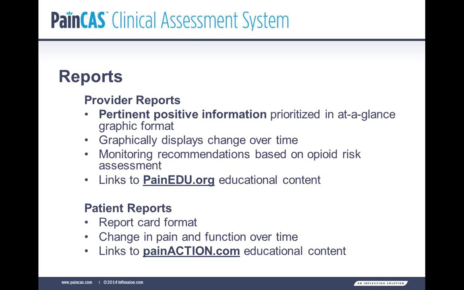It graphically allows for trending change over time and also puts right up front and center monitoring recommendations based on the opioid risk assessment, which would be woven into the pain assessment. And it additionally links to educational content for healthcare providers on painedu.org. That's pertinent to the things that the patient said in the assessment itself.